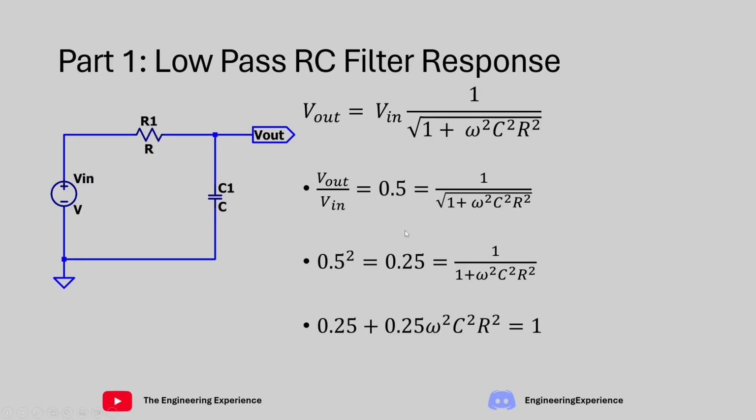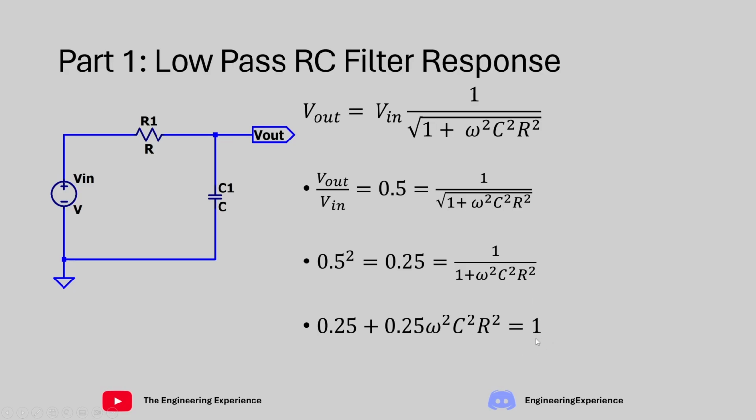Now trying to simplify this equation, what I've done is taken this part over here to the other side, multiplying both sides by this denominator. So you get 0.25, and in brackets you get 1 plus omega squared c squared R squared. I've also expanded the brackets out here, so that is 1 times 0.25, and this section over here is omega squared c squared R squared multiplied by 0.25.